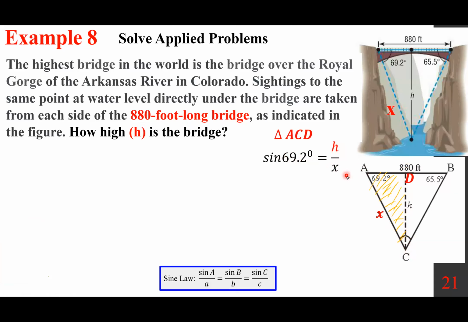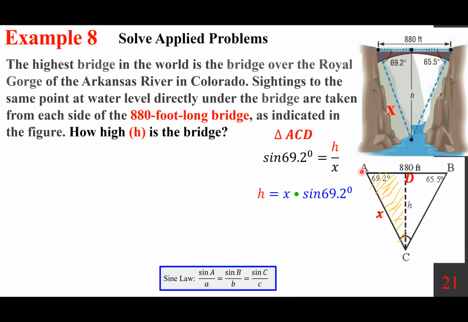H is x times sine of 69.2 degrees. All we have to do, find x, and we are done. So how do we find x?